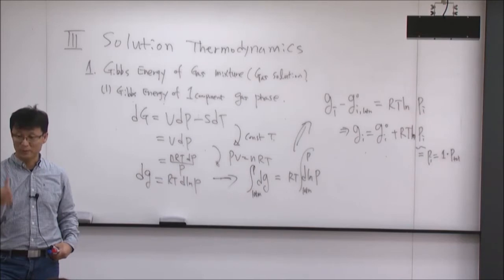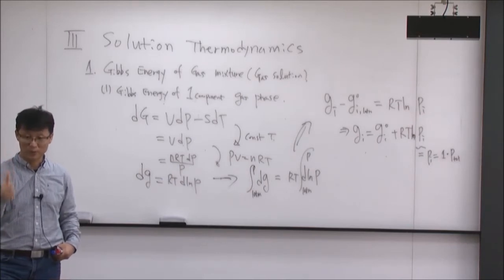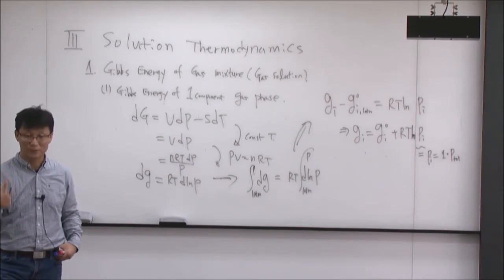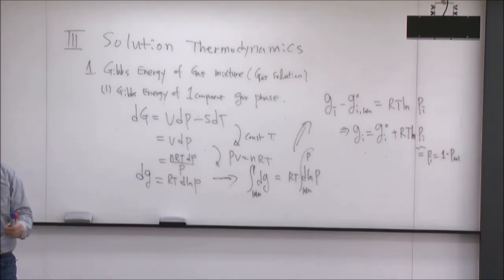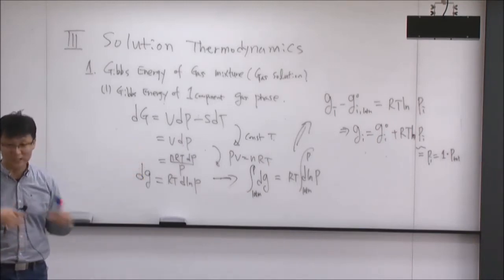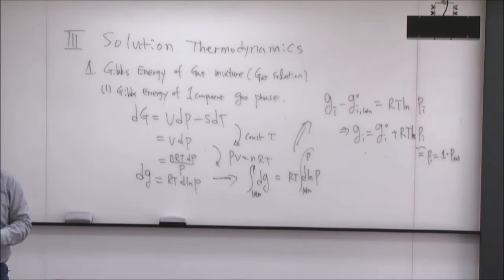H2O will evaporate further, yeah? More evaporation happens, because your gas is more stable. Do you get it? Because by decreasing the pressure of the system, you want to have more gas phase, because the gas Gibbs energy is decreasing. So the system can reduce its Gibbs energy in this way.